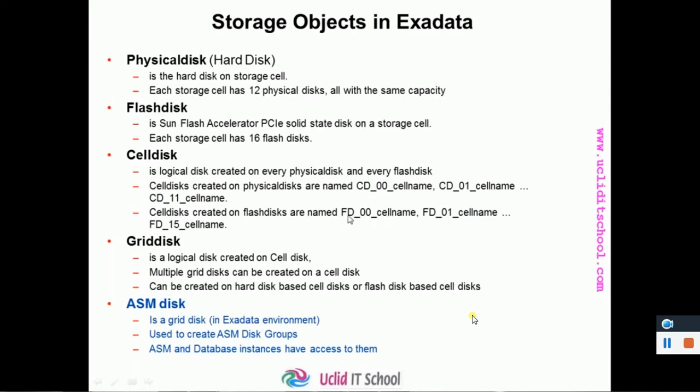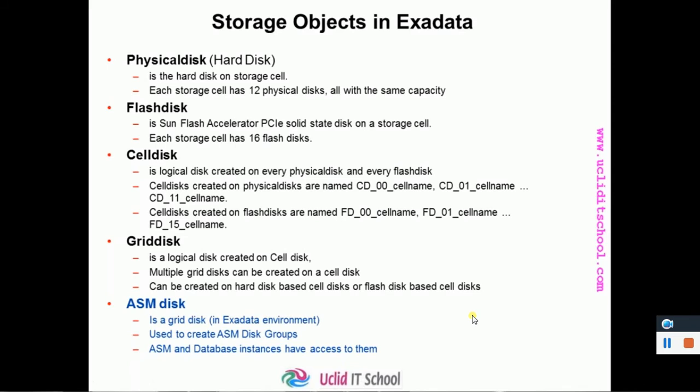Again, the same convention. So if the cell disk name starts with CD, it is created on the hard disk. If the cell disk name starts with FD, it means it is created on the flash disk. So that is the mapping. You have a hard disk.